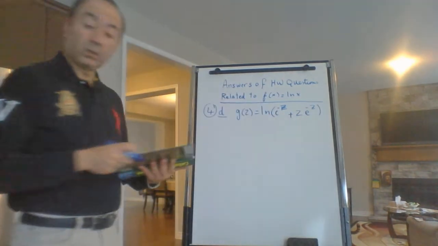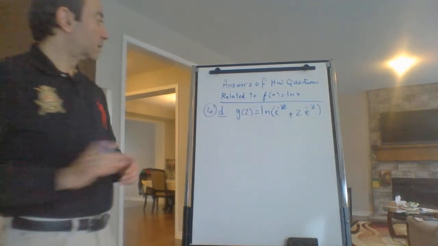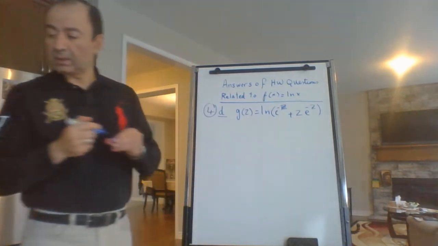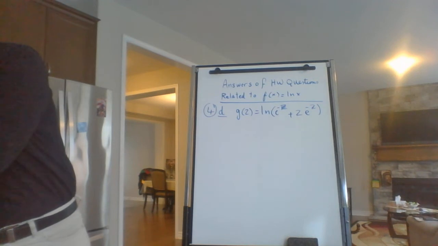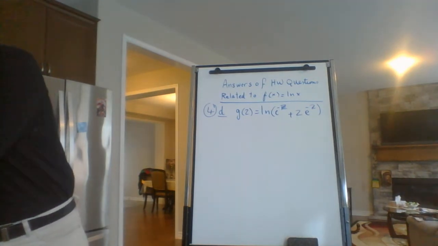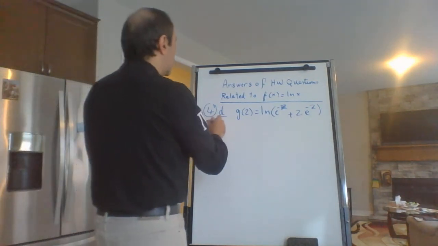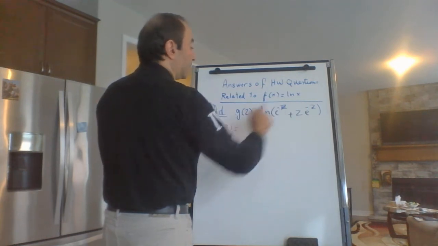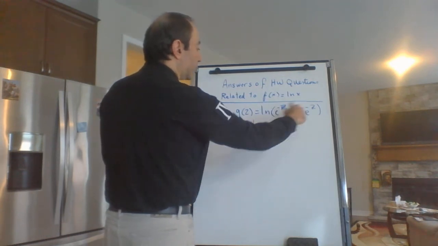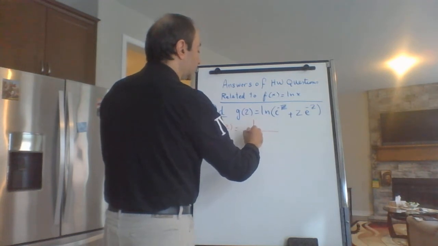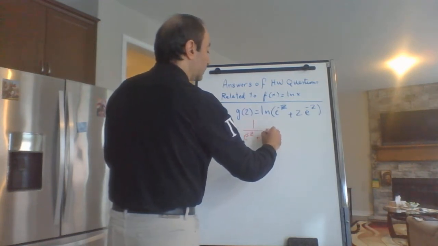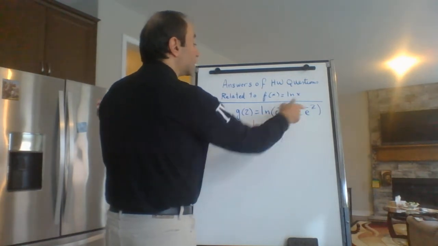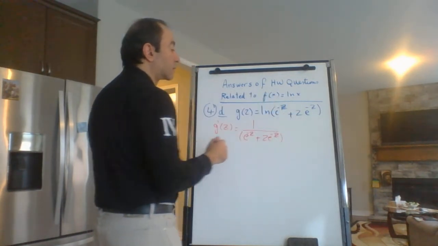If we want to find the derivative of this, I'll do that in red color. g prime of z equals, for ln f of x, 1 over f of x times the derivative of f of x.